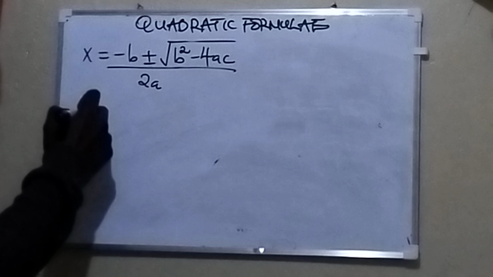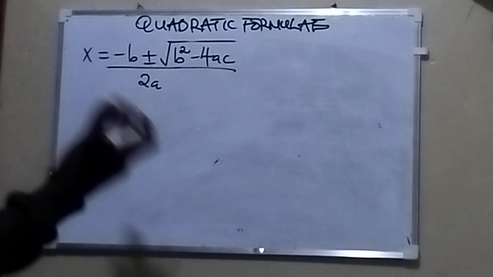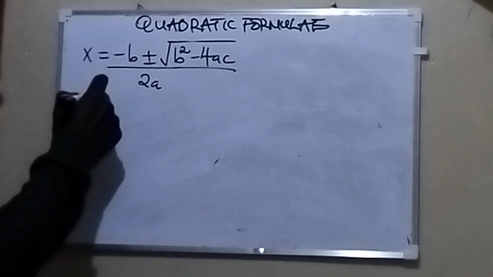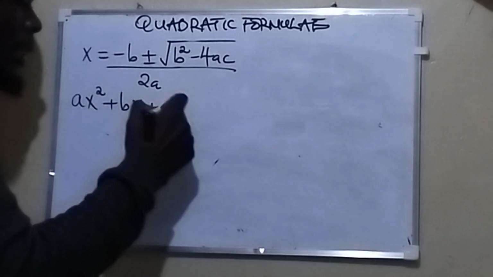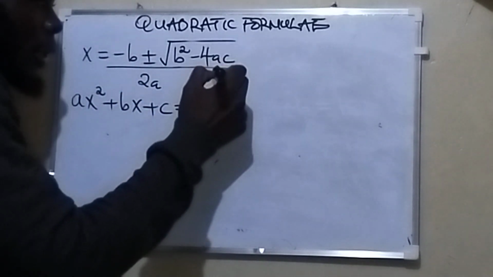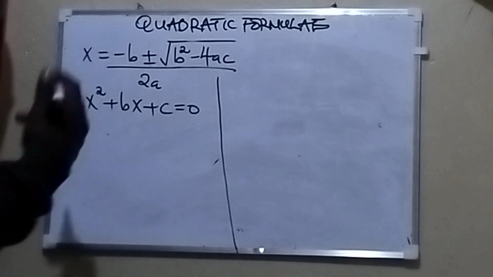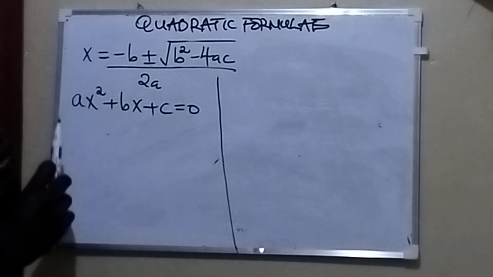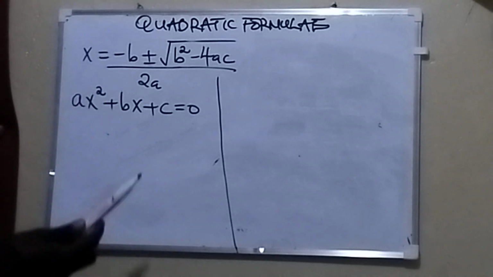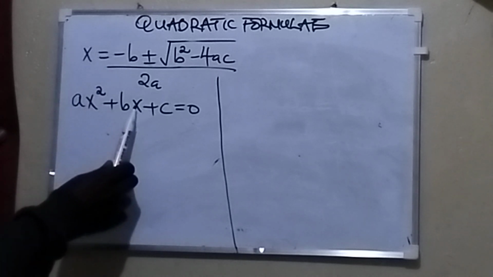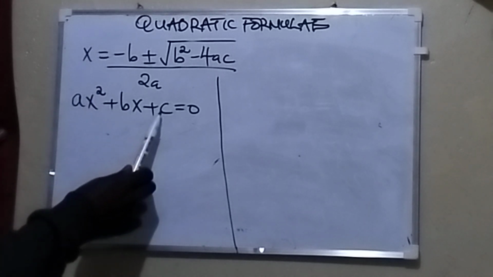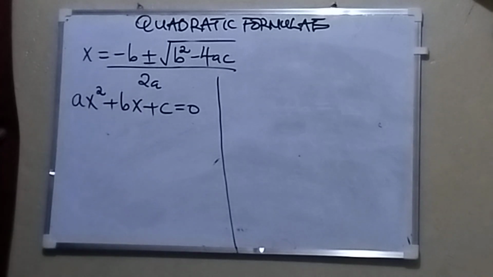We know the format of our quadratic equation: it is in the form ax squared plus bx plus c is equal to 0. When you get an equation in this format, you know it is a quadratic equation. The coefficient of x squared is a, the coefficient of x is b, and the constant term is c.